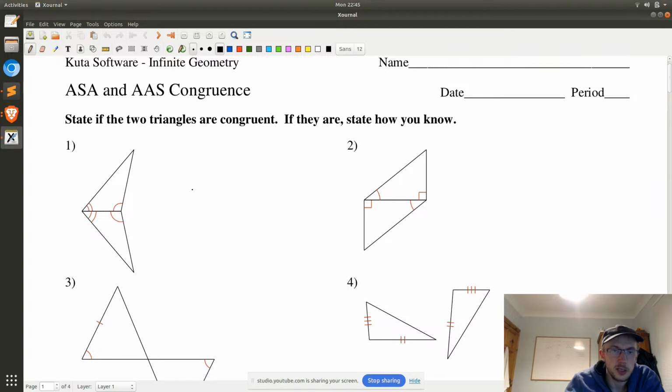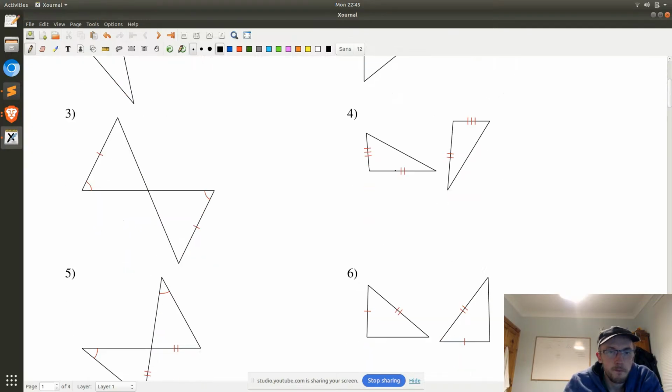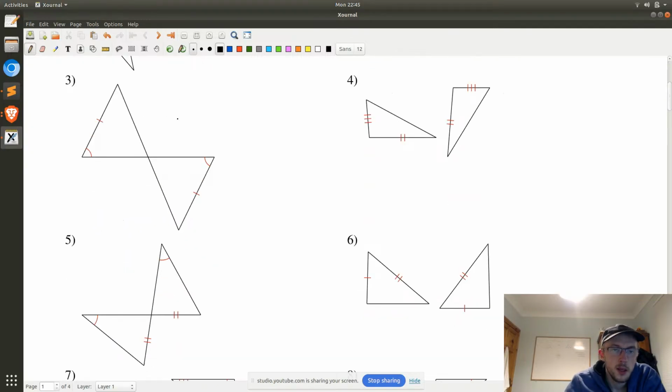Yes, these are congruent, and I know this because of the angle-side-angle theorem. Now, these angles here are vertically opposite.